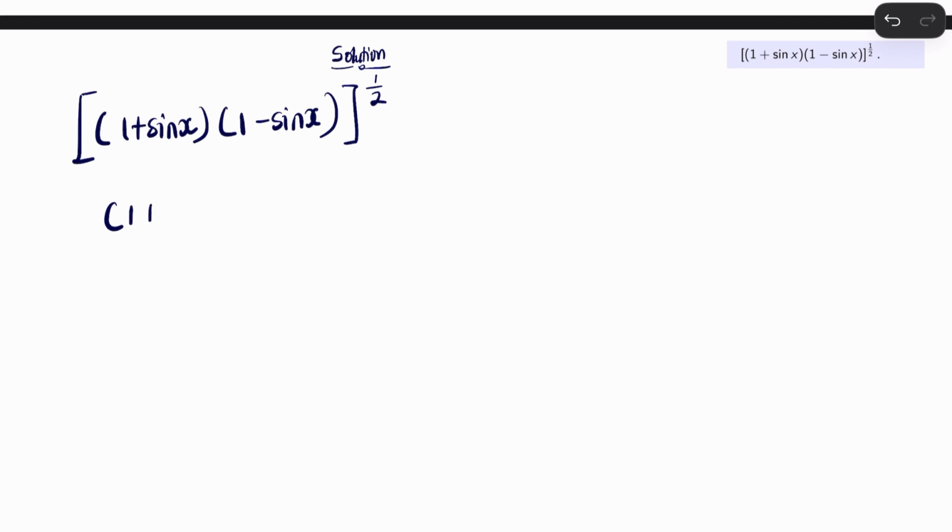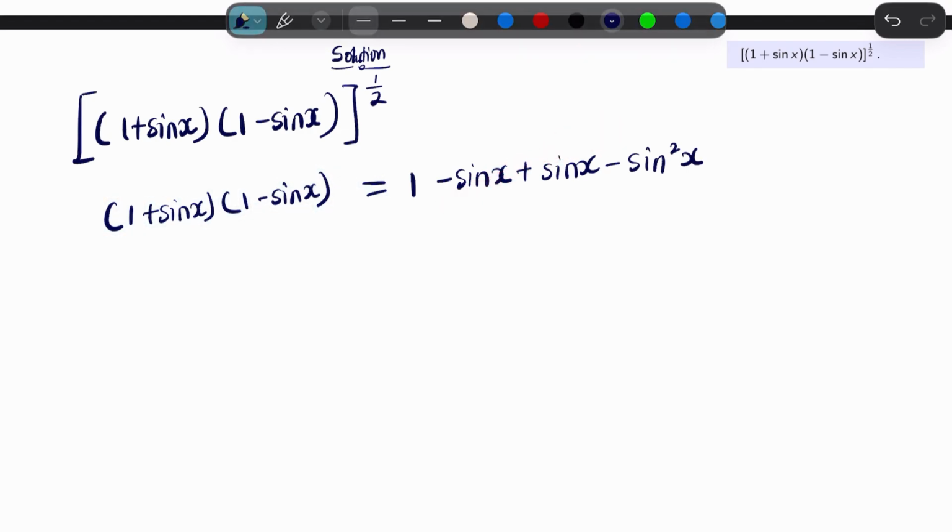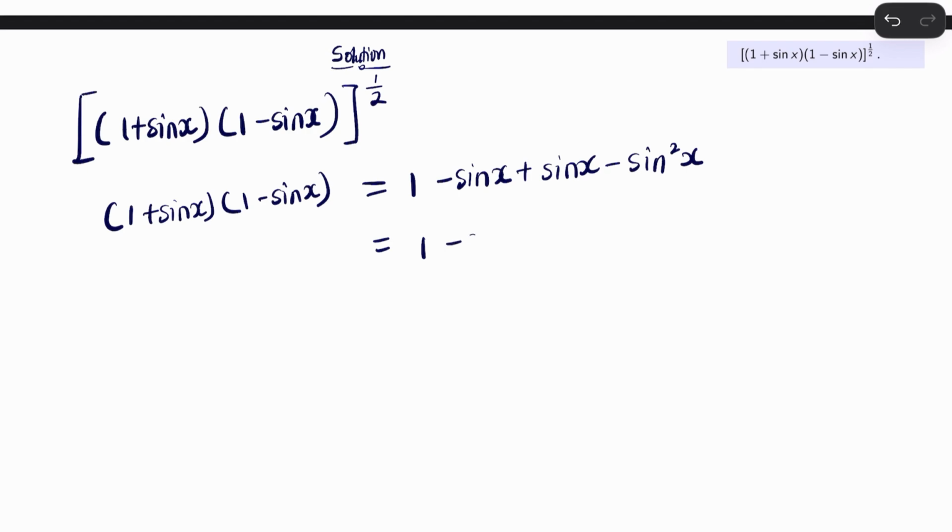So we have 1 plus sine of x times 1 minus sine of x, right? So by binomial expansion, this times this, and this will multiply that, right? So at the end, we are going to have 1 minus sine of x plus sine of x minus sine squared of x. And so these two guys will cancel out. So we are going to have 1 minus sine squared of x.